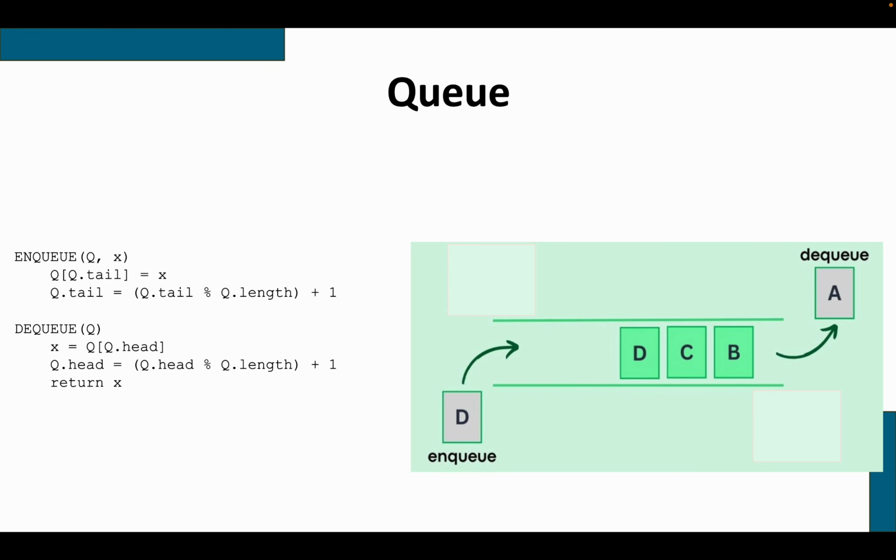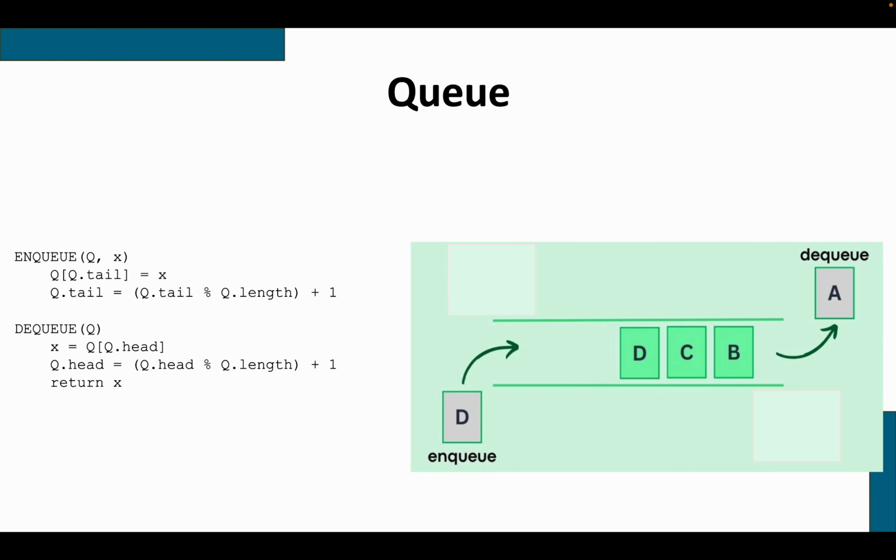And the dequeue function is to return an element from our queue. In this returning, we say that, okay, first find what is on the head of the queue and store it in an element named x, and then return this x to us.